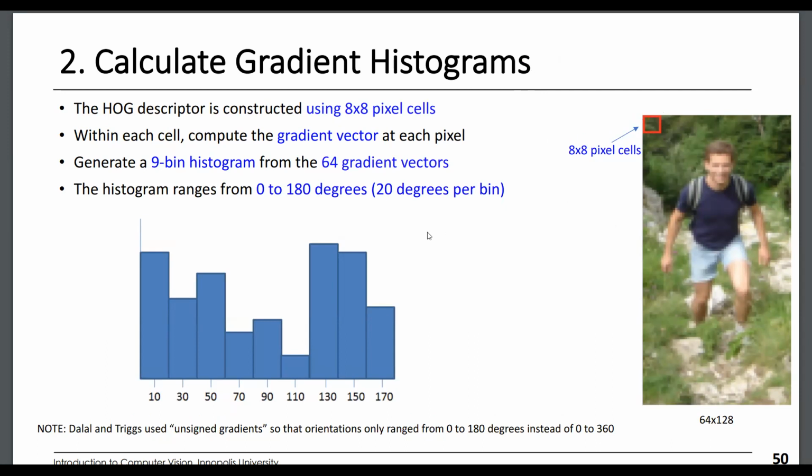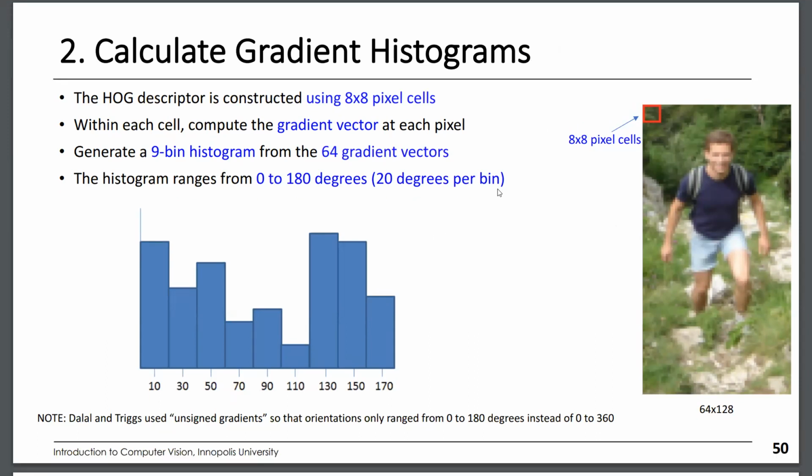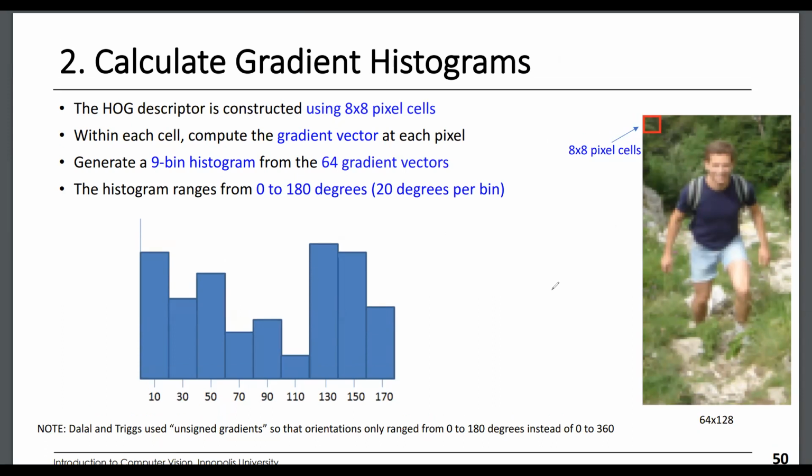Once I have the gradients, I will put their values in here. Remember, from the gradients, we can extract two different values. The first one is the direction of the gradient, and the second one is the amplitude of the gradient.